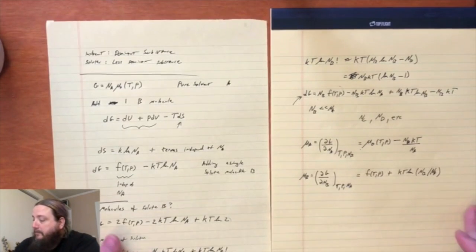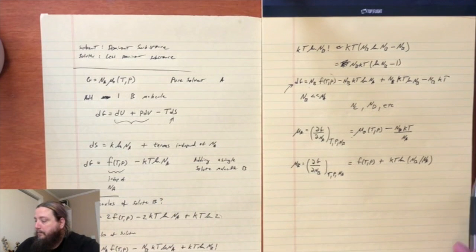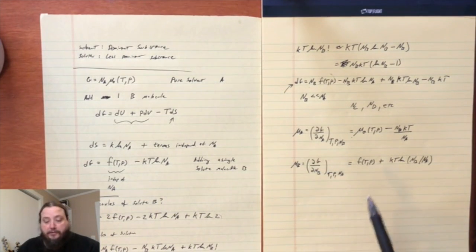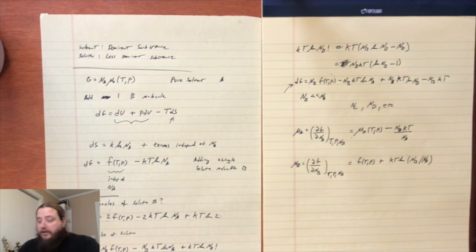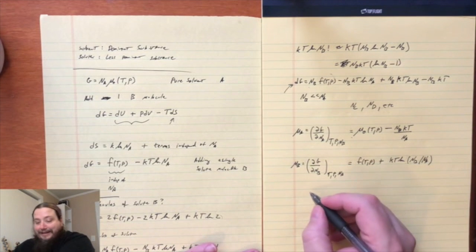So this is the chemical potential of our B, or our solute molecules. It's conventional often to write this in terms of molality.